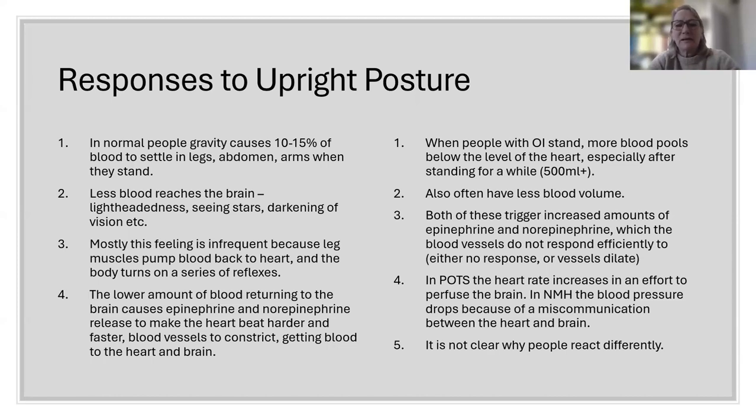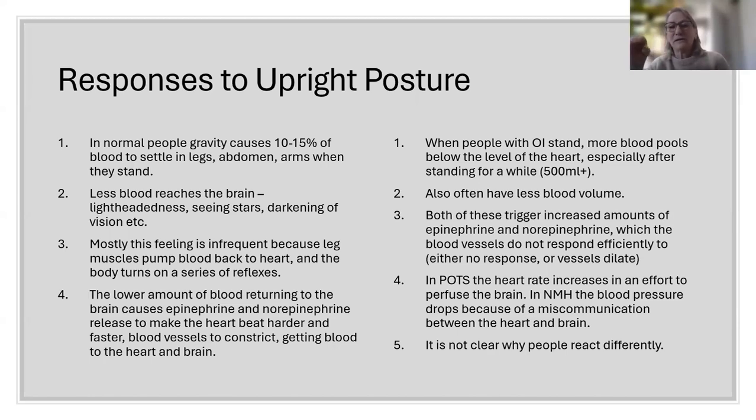When people with orthostatic intolerance stand, everything is delayed and a little bit out of sync. First of all, more blood pools below the level of the heart. It can be anywhere from 500 to 750 mils pooling in your legs, in your arms, and lower abdomen. People with orthostatic intolerance also very frequently have less blood volume.